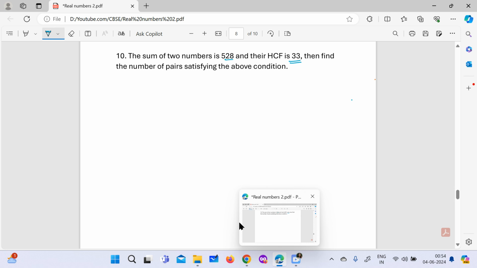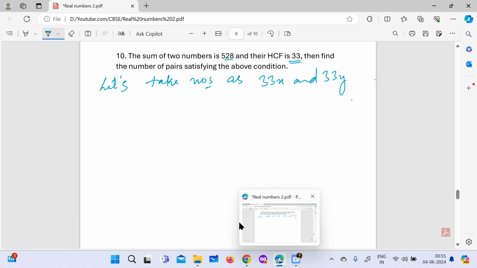Since HCF is given as 33, it means whatever the numbers are, those numbers are multiples of 33. That's why the common factor is 33. Okay, let's take the numbers as 33x and 33y.